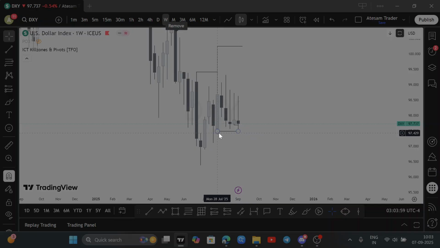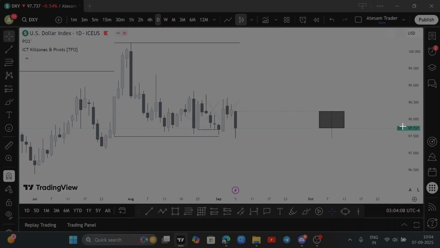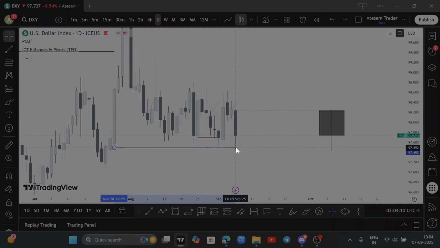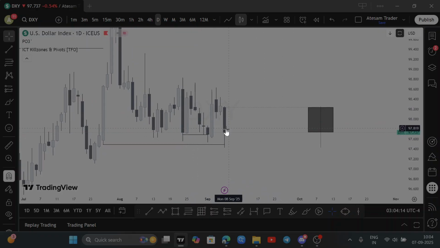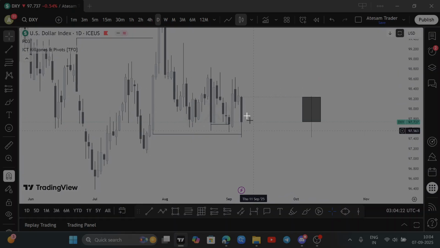Also it came late in the week, last week. That's why the close is weak. So if it wants to continue up, we need some kind of price action on the daily itself. We swept this low, and this is not a bullish close. So if we are expecting the bond up, then we can expect the dollar to go down.